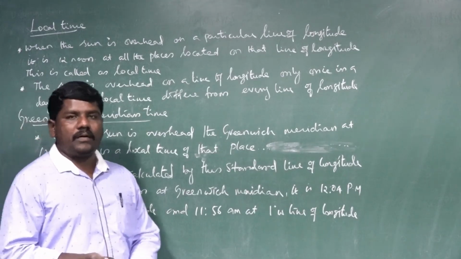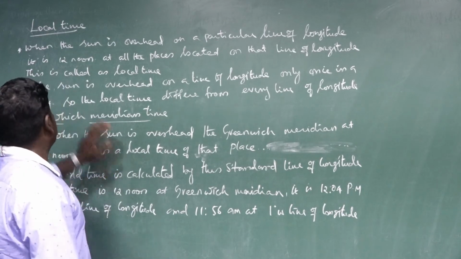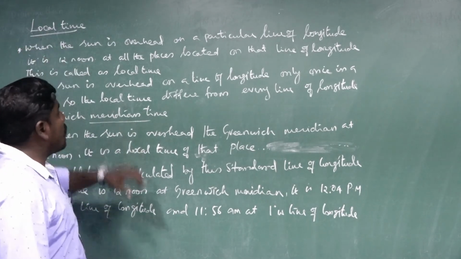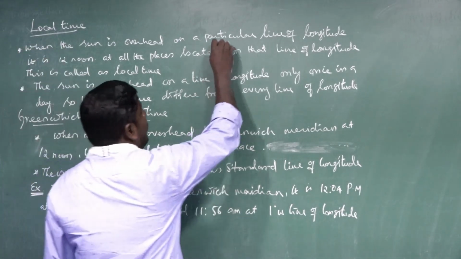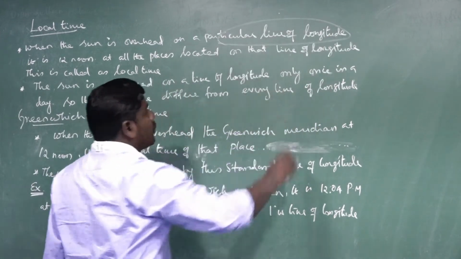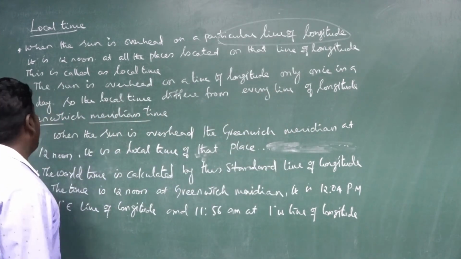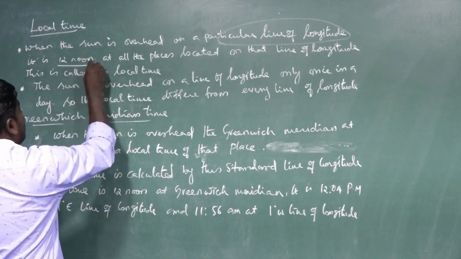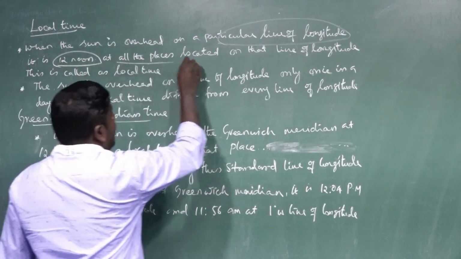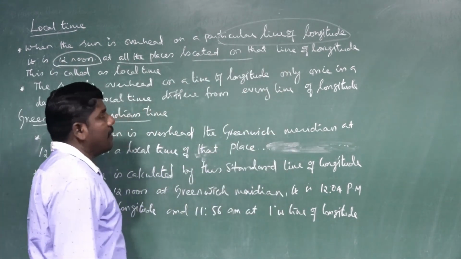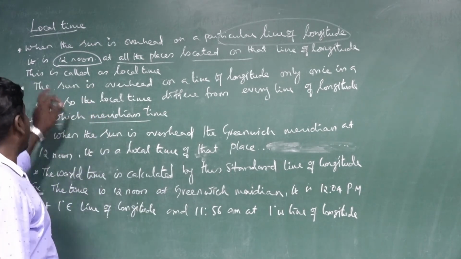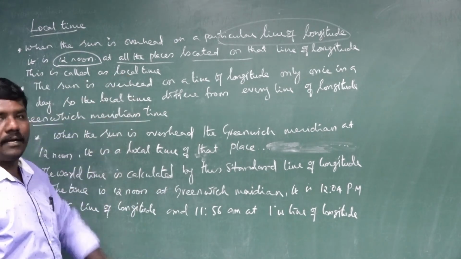Next, local time. When the sun is overhead on a particular line of longitude, it is noon at all the places located on that line of longitude. This is called local time.